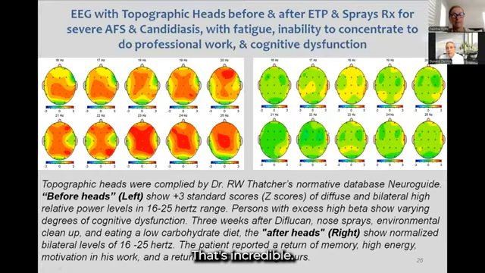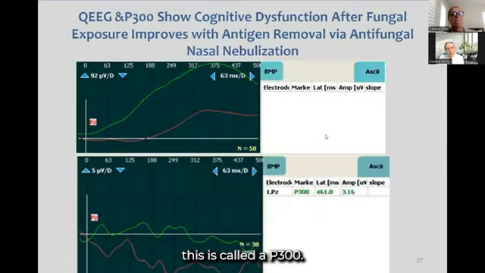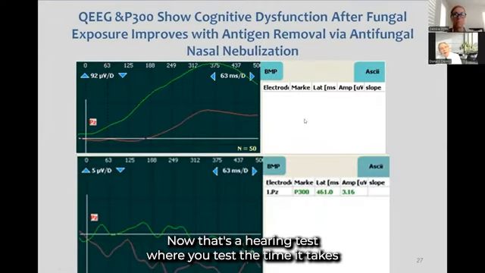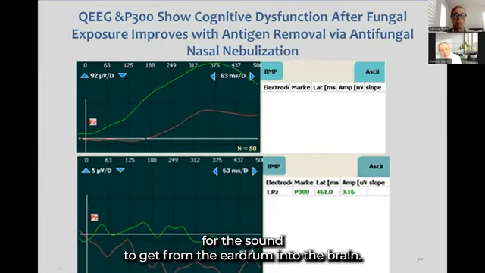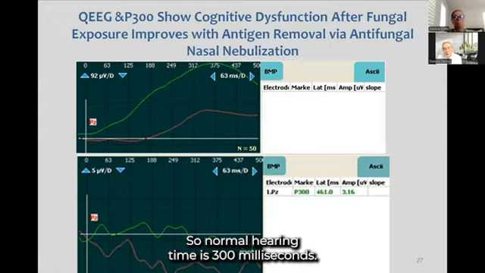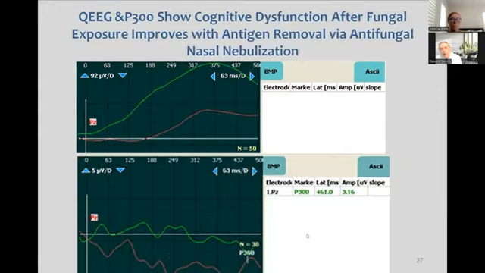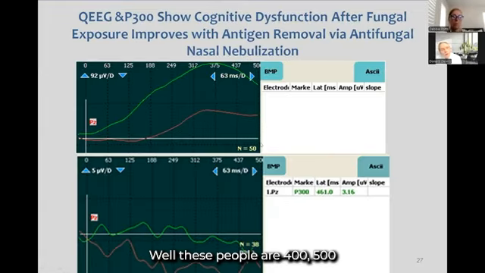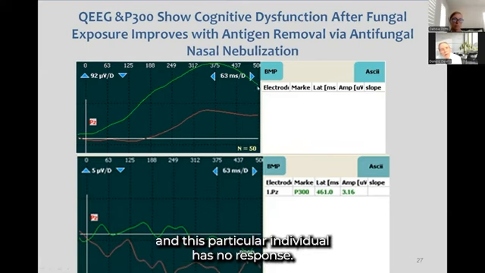That's incredible. So this is called a P300. That's a hearing test where you test the time it takes for the sound to get from the eardrum into the brain. Normal hearing time is 300 milliseconds. Well, these people are 400, 500, and this particular individual has no response.